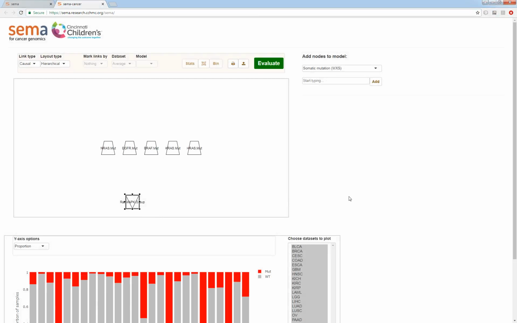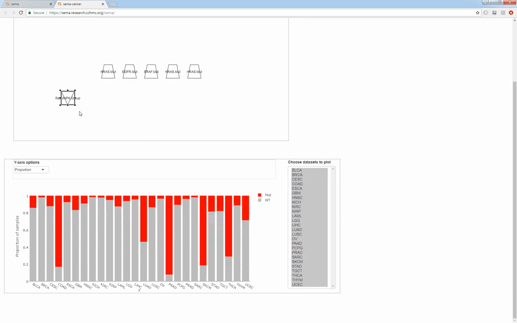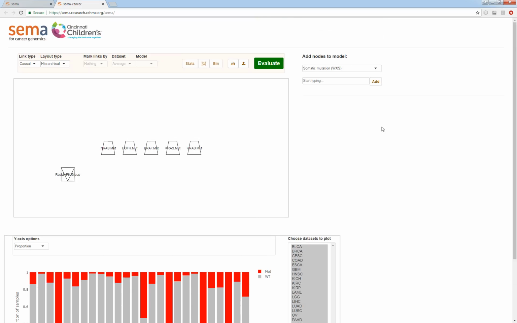Click OK, and now we have the new variable RAS MAPK node, which shows the mutations in the whole pathway. This is the distribution, and now let's analyze their effect on MEK phosphorylation.